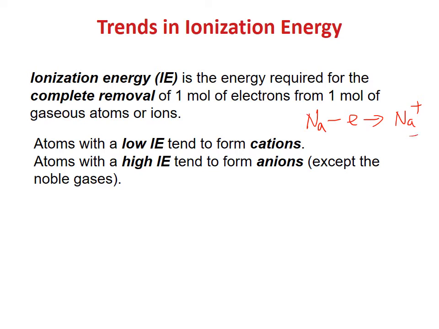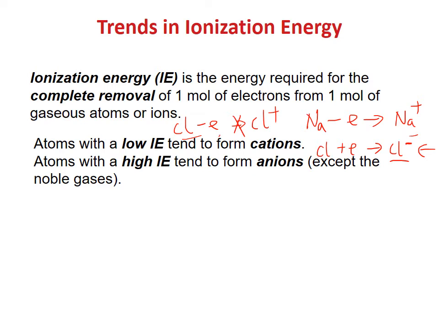Now, atoms with a high ionization energy tend to form anions. For example, removing an electron from chlorine to form a chlorine cation needs a lot of energy, so usually this doesn't happen. Instead, chlorine gains an electron to form a chloride anion. So an atom like chlorine with high ionization energy usually goes this way to form anions, except noble gases, because noble gases are very stable.